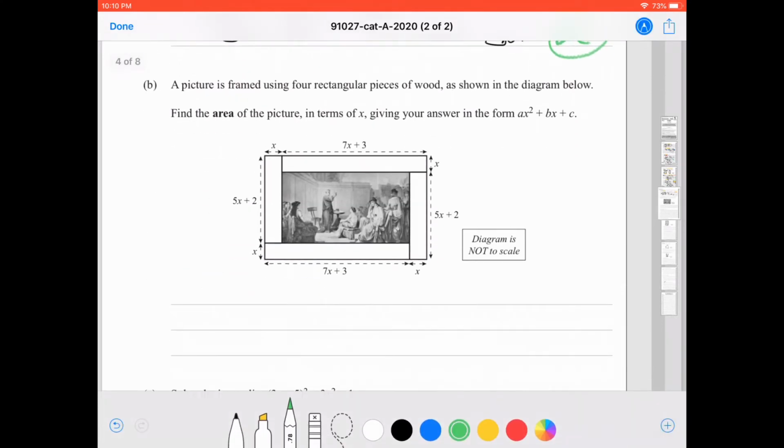Okay, question 2b. A picture is framed using 4 rectangular pieces of wood as shown on the diagram below. Find the area of the picture in terms of x, giving your answer in the form ax squared plus bx plus c.